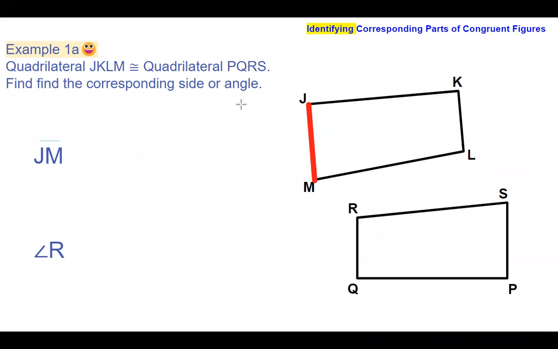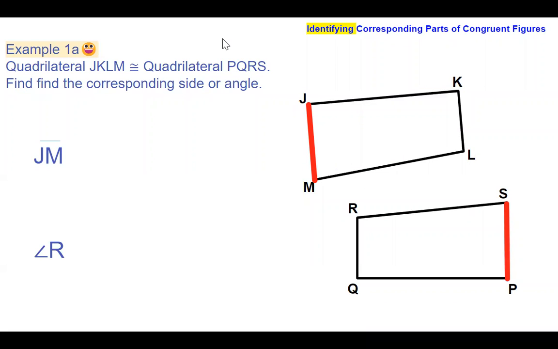So we have JM. Which one's corresponding to JM of my other quadrilateral, PQRS? It would be SP, or in this case PS. Now, I have these two lengths.